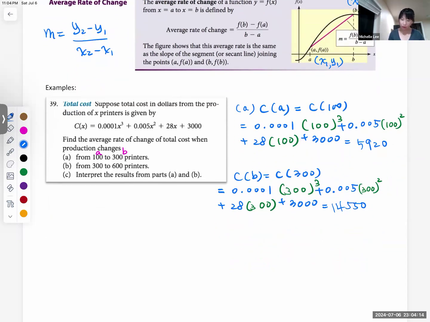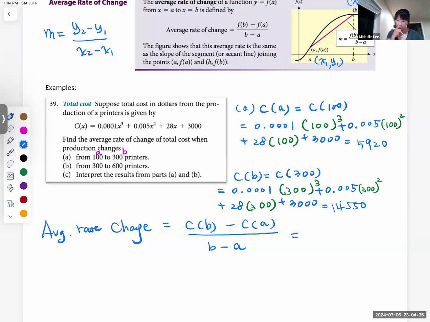Okay, so let's calculate. We want to know average rate of change. Let's denote rate of change. So there will be C of b minus C of a over b minus a. Okay, C of b, which is 14,550 minus C of a, which is 5,920 over b, which is 300 minus 100, right?